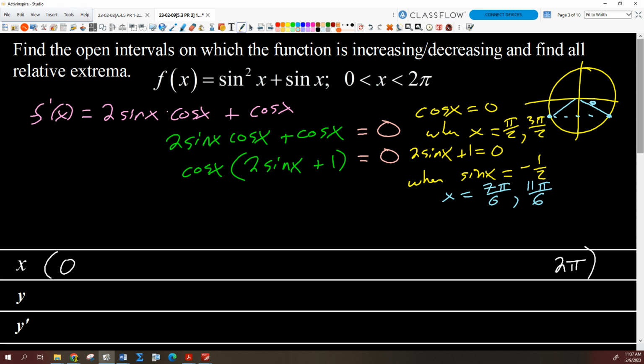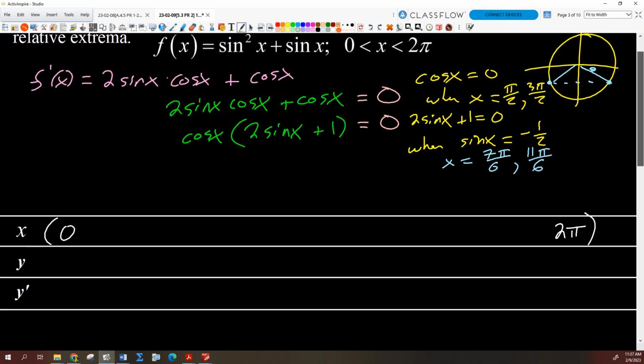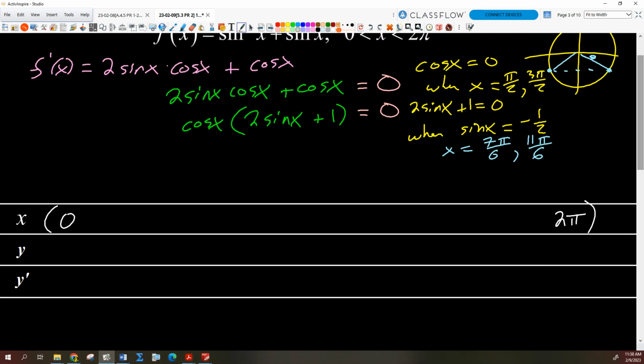Okay, so there's all of our critical numbers. Let's just put those in order. So the smallest one is pi halves. And then we have 3 halves pi right in the middle.